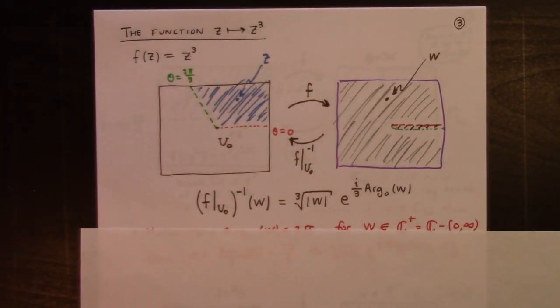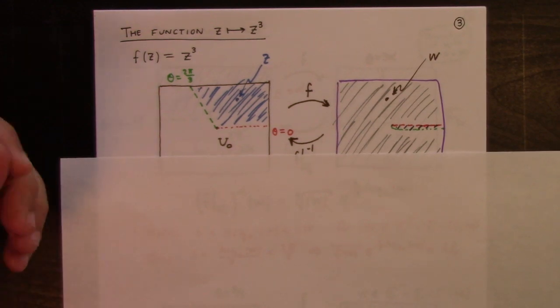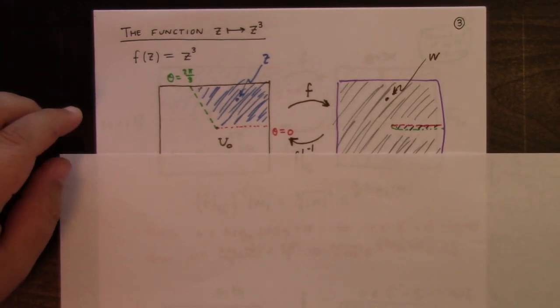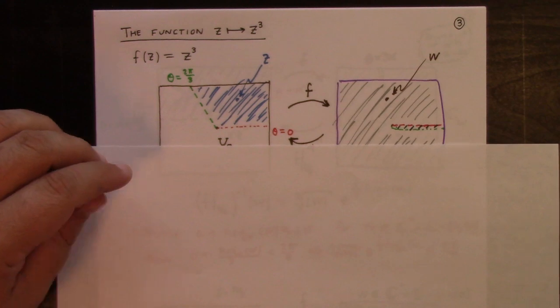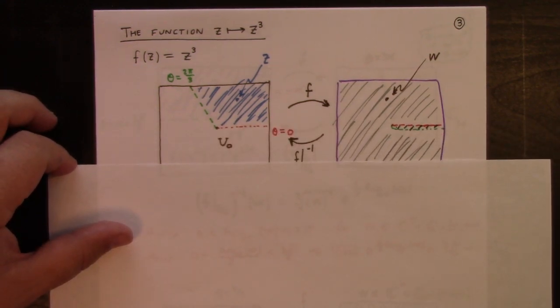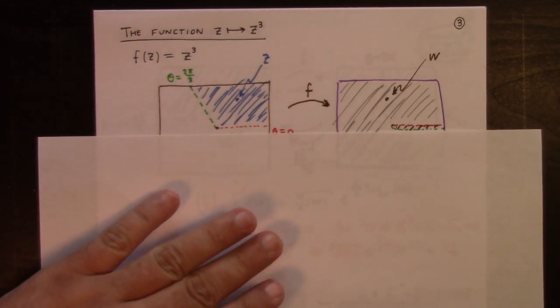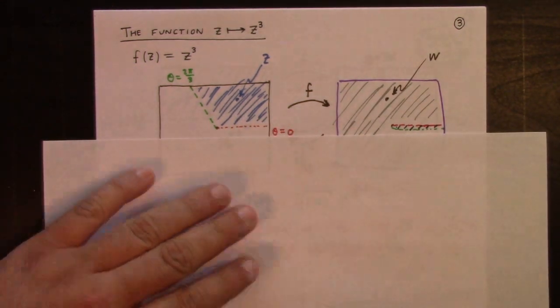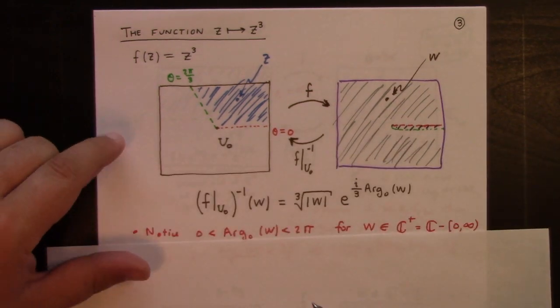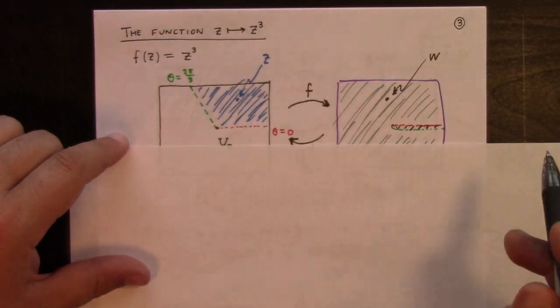Moving on, the cube function. Well, the cube function takes the complex plane and maps it to the complex plane, but embarrassingly, it does it 3 times, right? And so in order to get an invertible function for the cube function, we have to restrict the domain to like 1/3 of the complex plane. Something like this blue set, which I'm going to call u sub naught. So here f of z is z cubed.